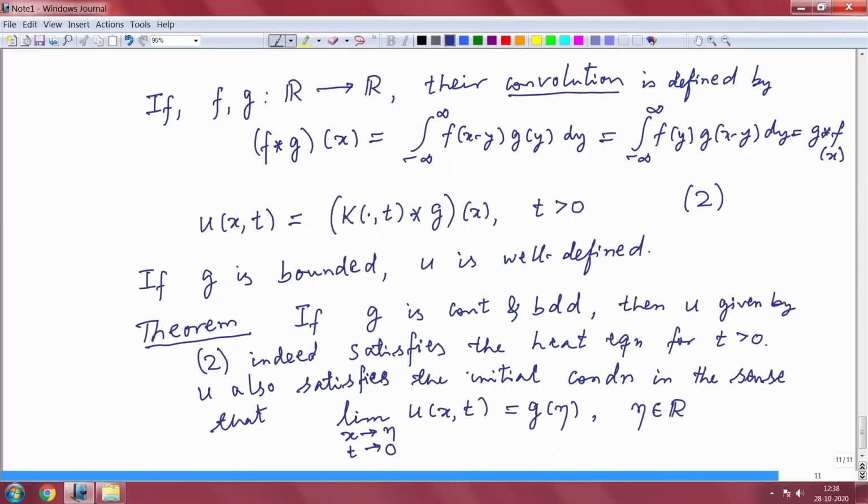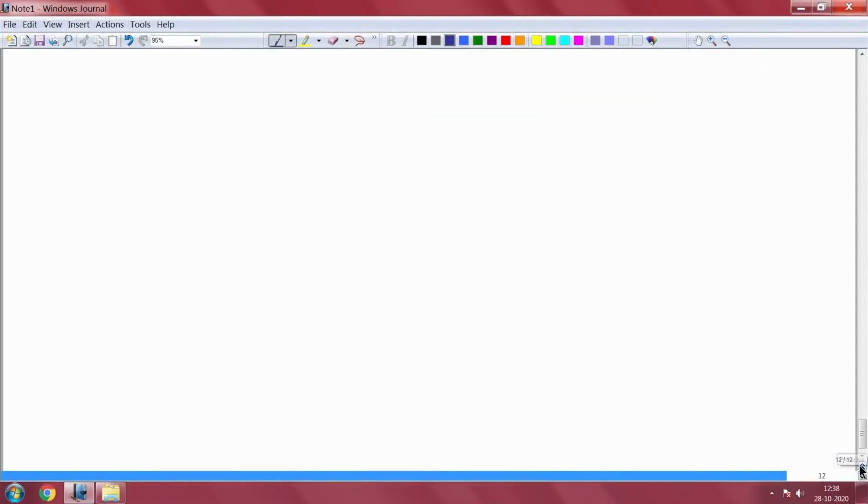So, the proof of this theorem depends on one more important property of the fundamental solution. Okay. So, proof. Okay.